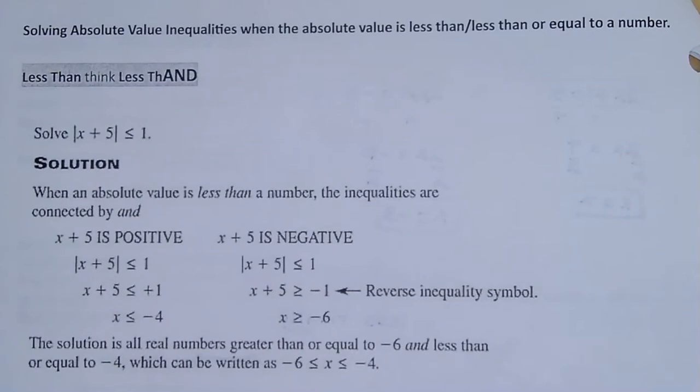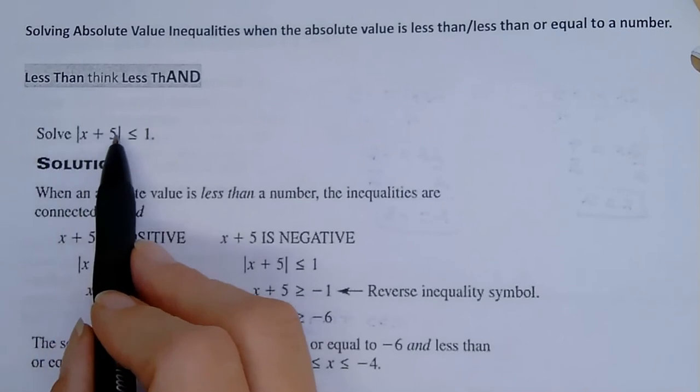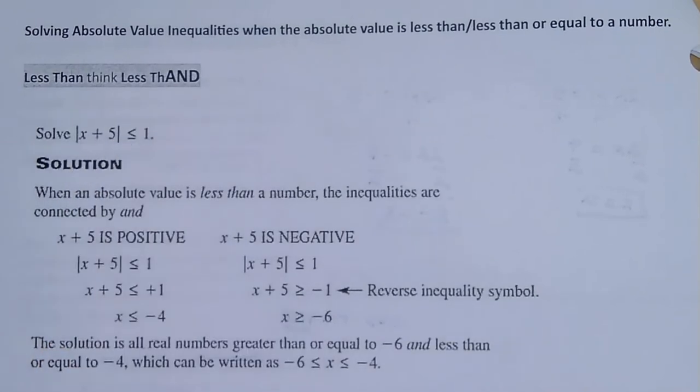All right, so one more time, if my absolute value information is isolated and it is less than a number, I'm going to have an AND statement. I need information to be true for both parts. So solving something like this, the absolute value of x plus 5, all of that is less than or equal to 1.